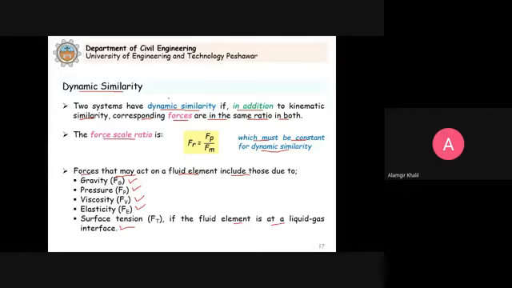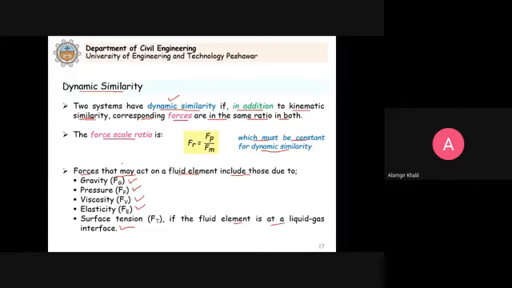Now, dynamic similarity is in addition to kinematic similarity. It means that if we ensure dynamic similarity between the model and the prototype, it will automatically ensure kinematic similarity.